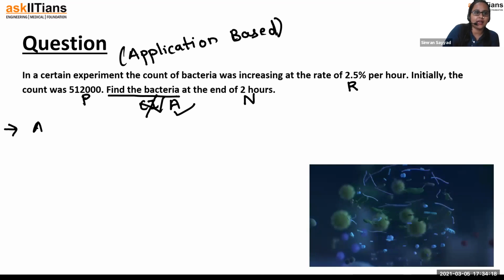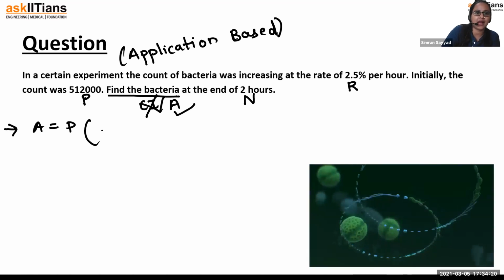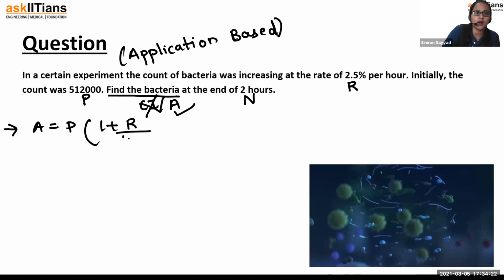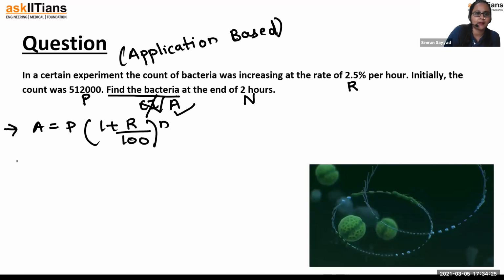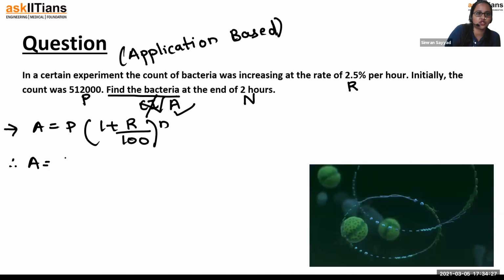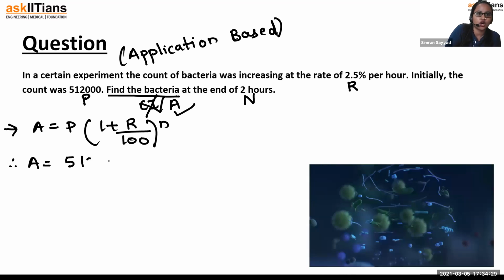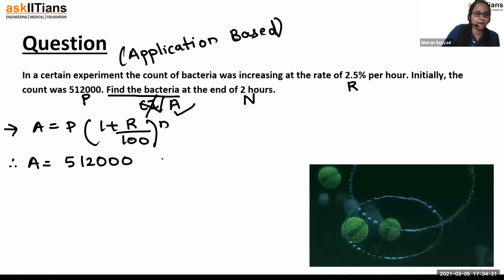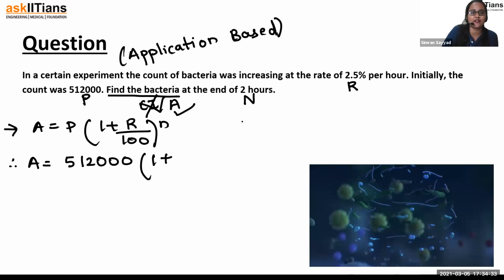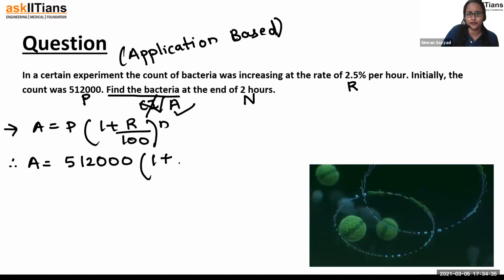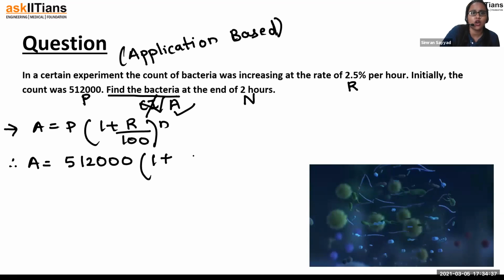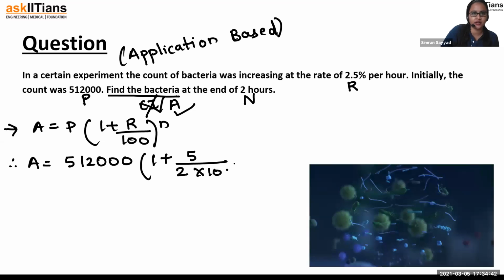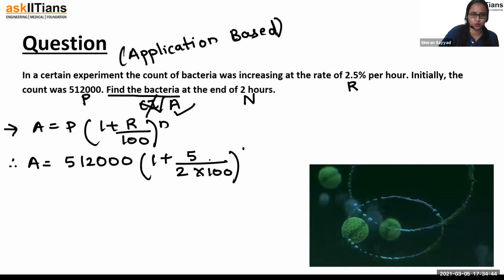So A is equal to P into bracket 1 plus R upon 100 raised to N. Therefore, A is equal to 5,12,000 times 1 plus, now it is 2.5%. If you want to write 2.5, you can directly write 2.5 or you can write 5 by 2, into 100, as it is raised to 2.